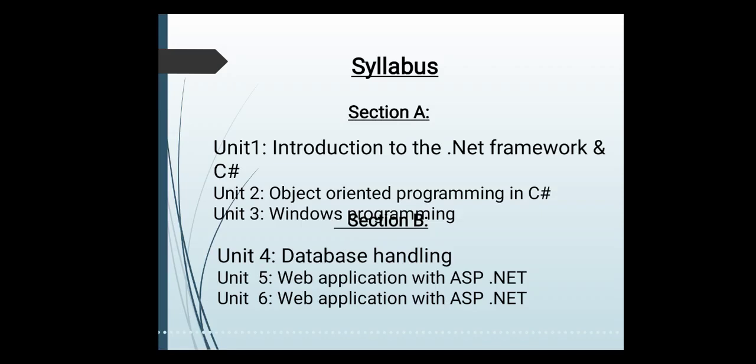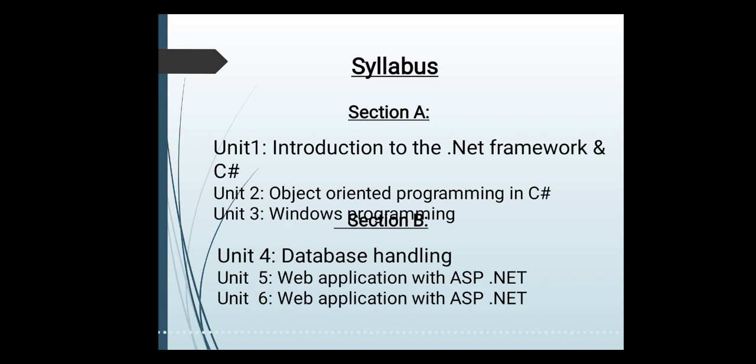In the first section you have 3 units, out of which the first unit is introduction to the .NET framework and C#, in which you will learn .NET architecture, .NET class library, what the Visual Studio IDE is, then introduction to C#, different data types, variables, what the different control statements are, what a function is, then different components of assembly, private and shared assembly. All these things are covered under unit 1.